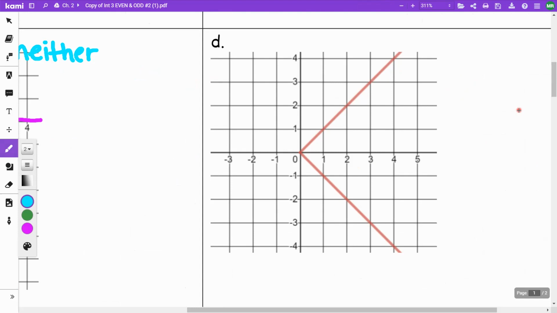On this one, obviously this is not going to have symmetry about the y-axis. Otherwise we would have had the graph go like this and this, so that's not happening. If I was to rotate it here 180 degrees, I'm actually going to end up with my V over here in quadrants 2 and 3 instead of 1 and 4.